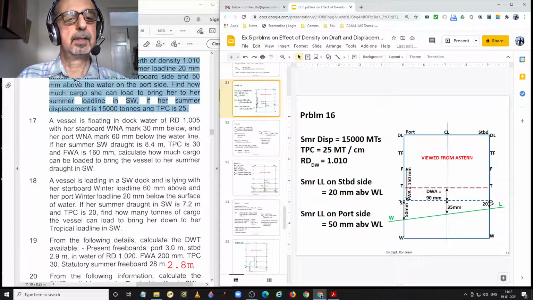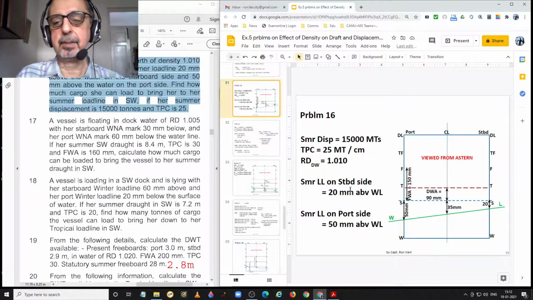A vessel is lying in a river berth of density 1.010 metric tons per cubic meter with a summer load line 20 millimeters above the water on the starboard side and 50 millimeters above the water on the port side. Find how much cargo she can load to bring her to her summer load line in salt water if her summer displacement is 15,000 metric tons and TPC is 25 metric tons per centimeter.